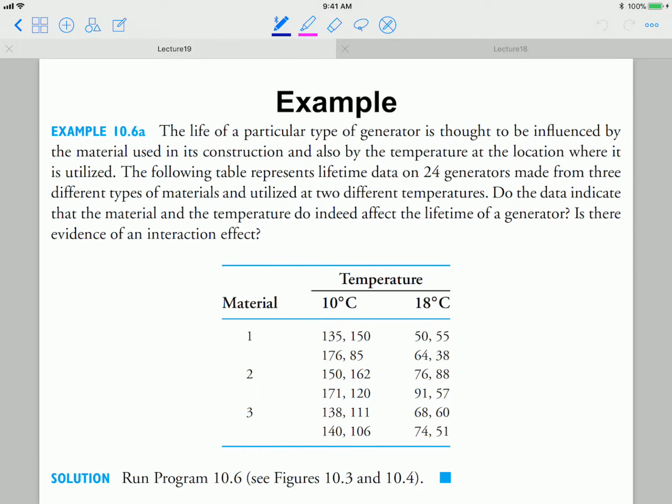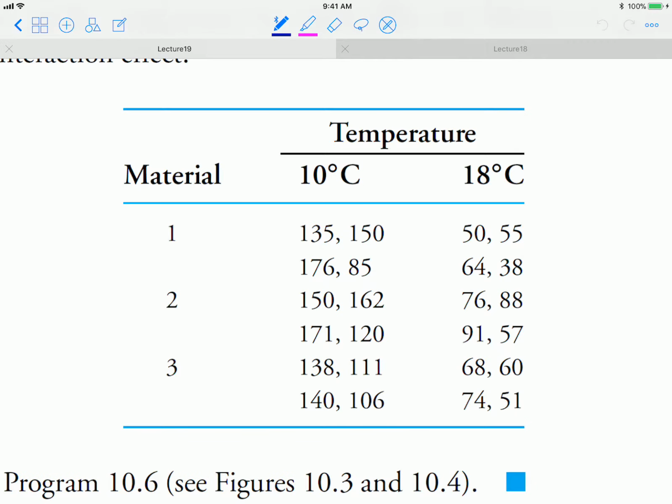So in this case, let's just look at this example. It's a matter of just applying the equations that we saw in the previous slides in this particular example. So we have m different groups row-wise, and n different groups, right?